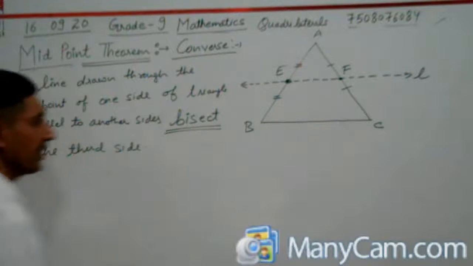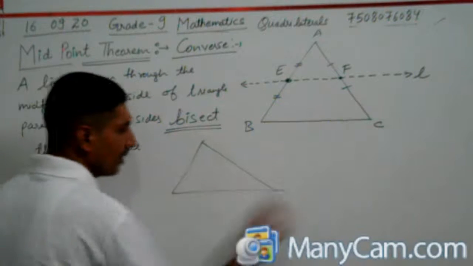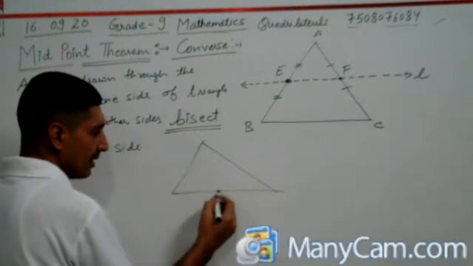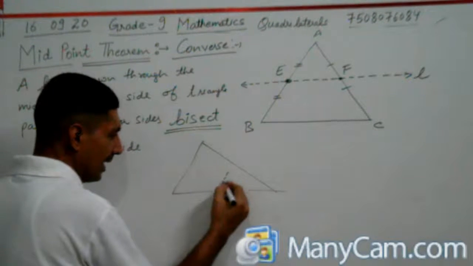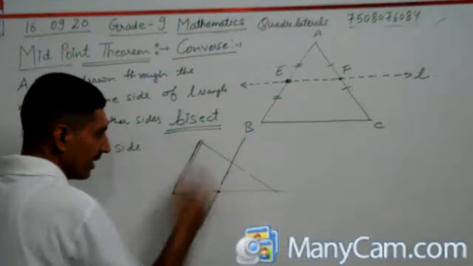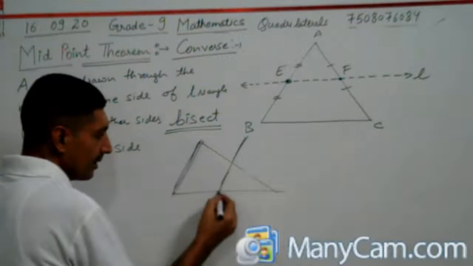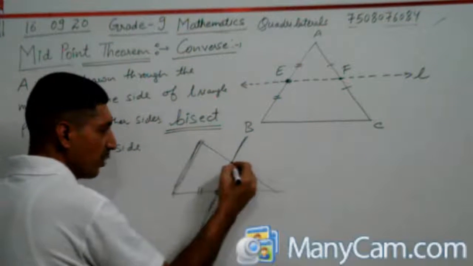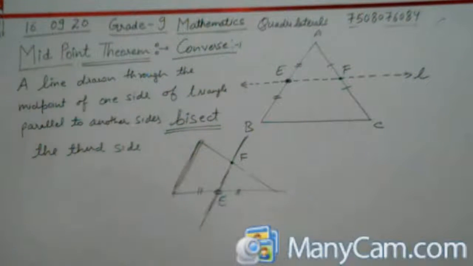If we have a triangle and a line passing through the midpoint E, and this line is parallel to this side, then definitely this point F will also be the midpoint.